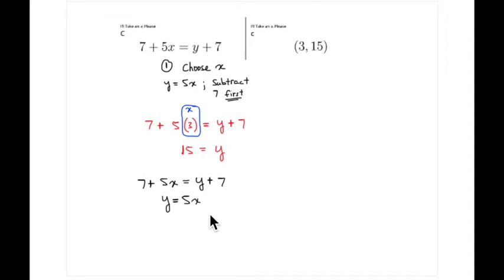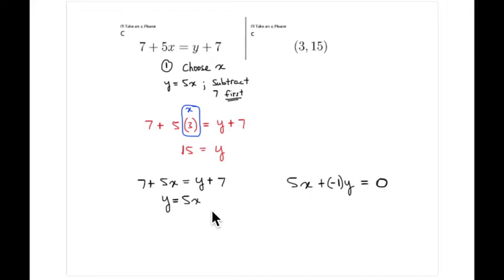It all remains balanced, so you just move the y over to the left and the 5x over to the right, and this is the slope-intercept form of the equation. And notice that the y-intercept is 0, because there's nothing here. The slope is going to be 5.